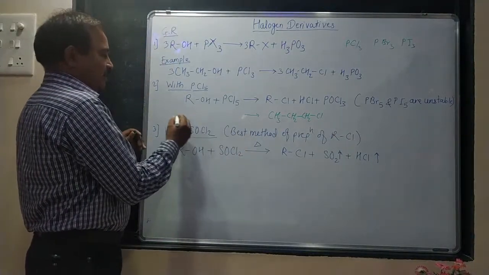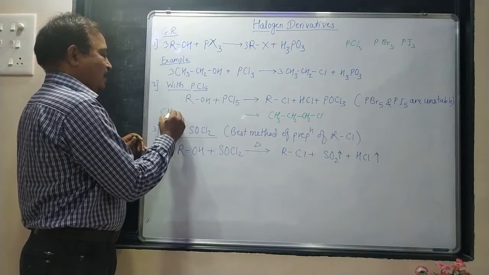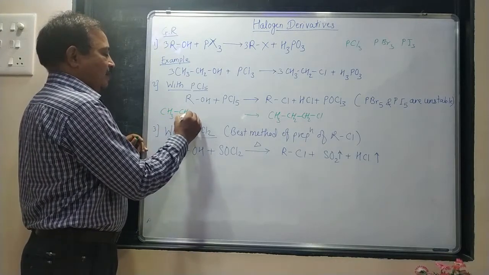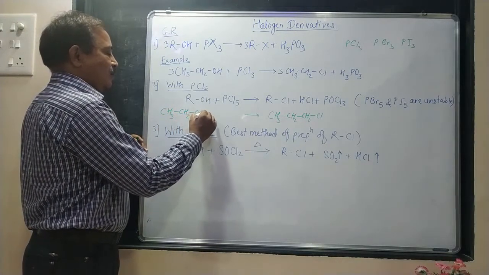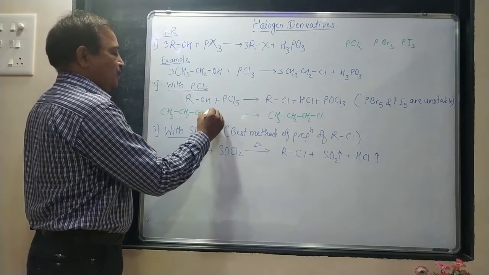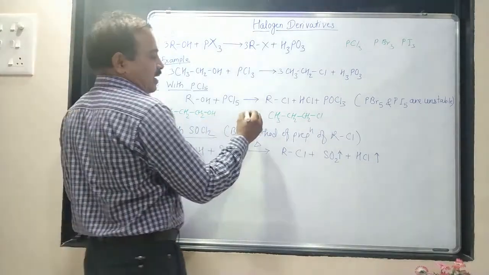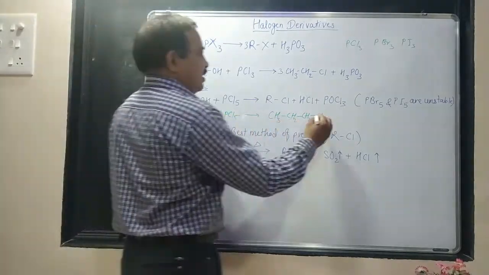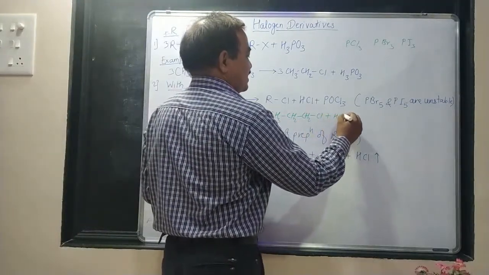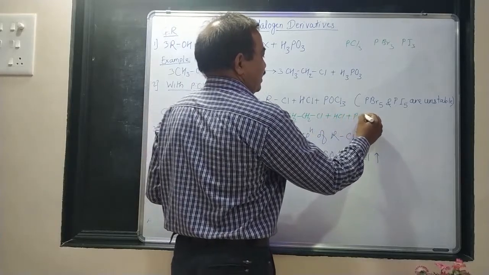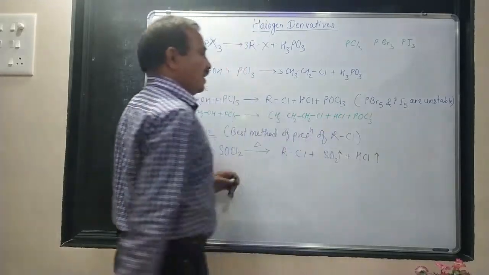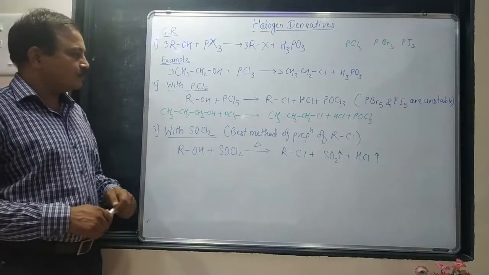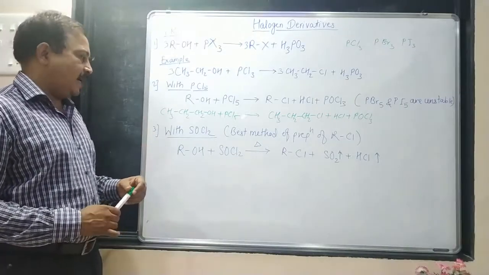Now I immediately get the idea that I have to take N-propyl alcohol and convert it into N-propyl chloride plus PCl5, and another byproducts we can write are HCl and POCl3. This is again the second method of preparation by using phosphorus halides.